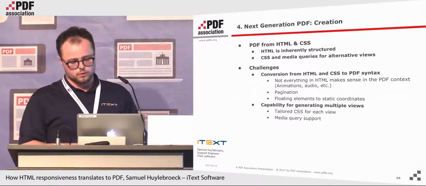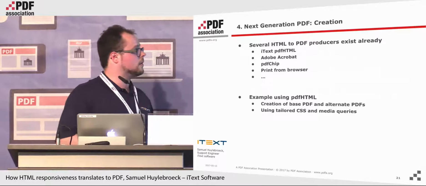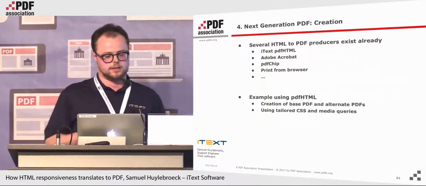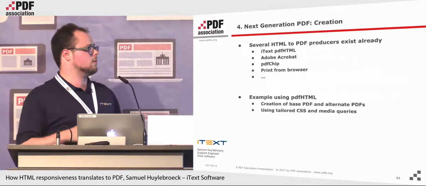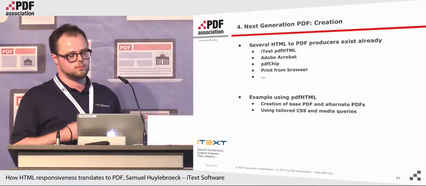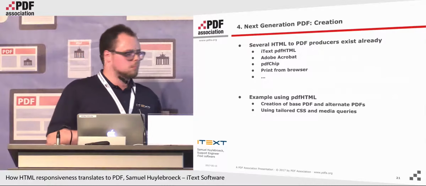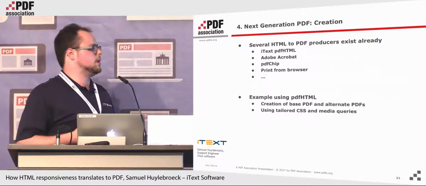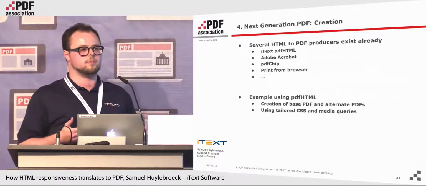Now, there already are several HTML to PDF producers. Things like iText, PDF HTML and XML Worker, Acrobat, PDFreactor, just whatever you use to print from your browser. But they're not really ready yet for next generation PDF, simply because we're still talking about it right now.